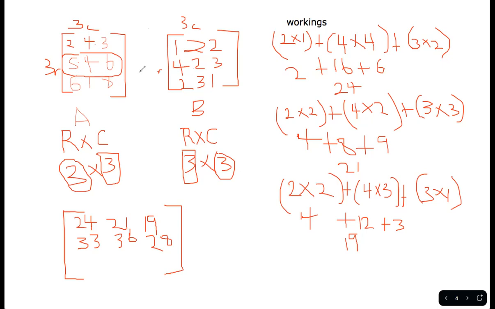So I had 26 here. And then now I'm doing for the second column. So 6 times 2, 1 times 2, and then 8 times 3. That one gives 38.